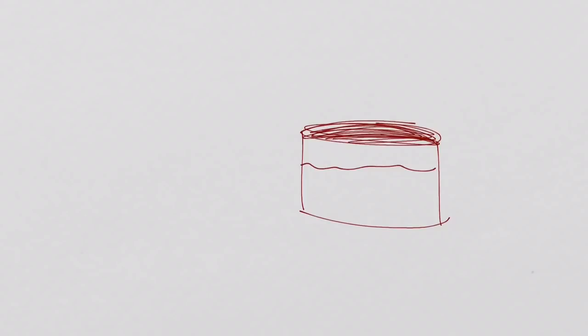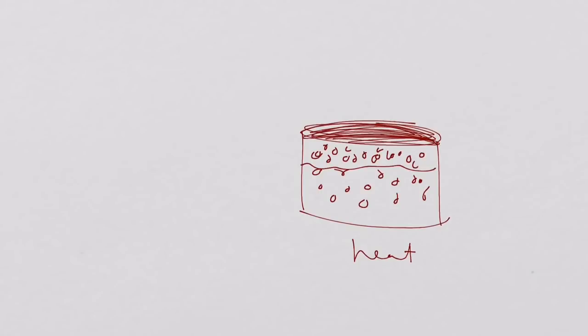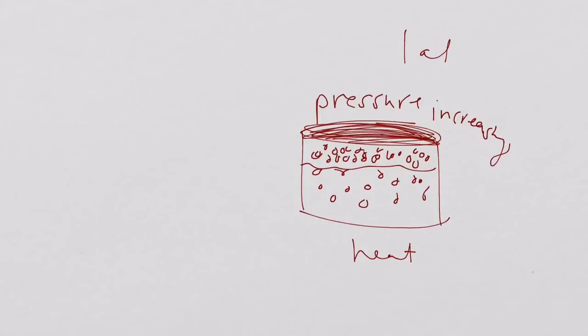Okay, so here's our water, forming a vapor pressure, but then we're going to heat it up again, which is going to form more and more vapor. But because we're adding more vapor to the air, the pressure is increasing. So essentially, no longer do we have atmospheric pressure at 1 atmosphere. We have this increasing pressure.